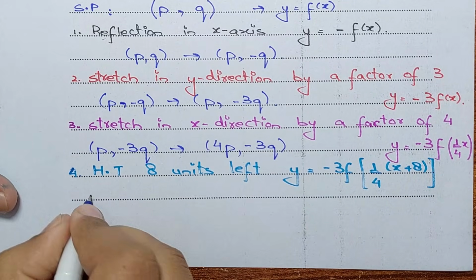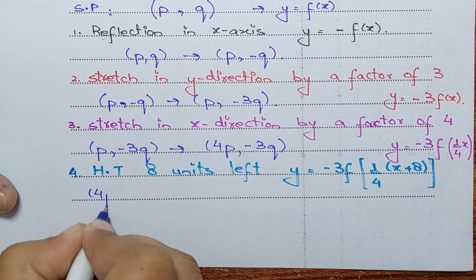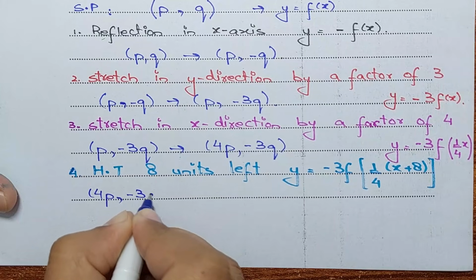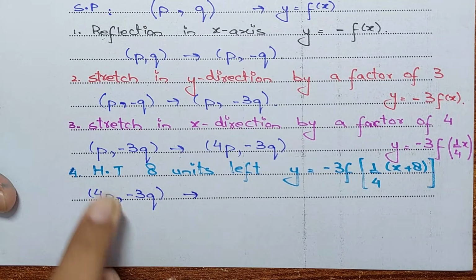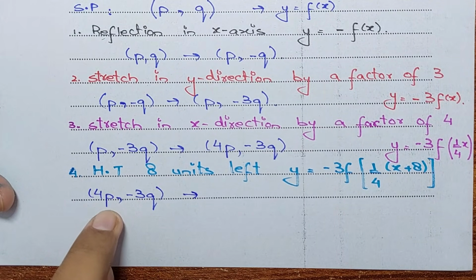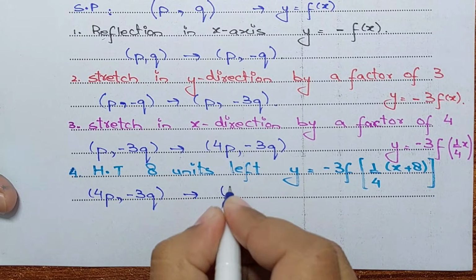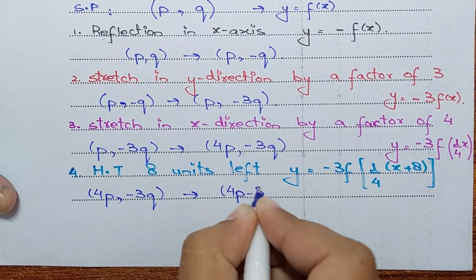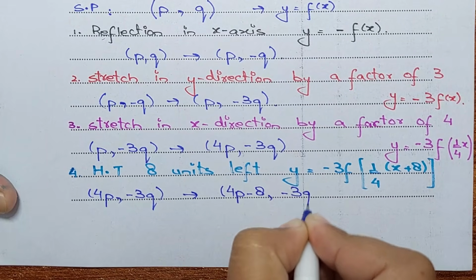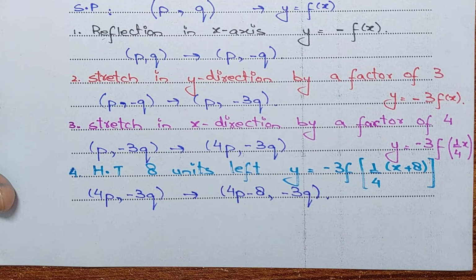Now this coordinate 4P and minus 3Q changes: horizontal translation only deals with the x coordinate, so just subtract 8 from the x coordinate. 4P minus 8 and minus 3Q, these are the new coordinates.